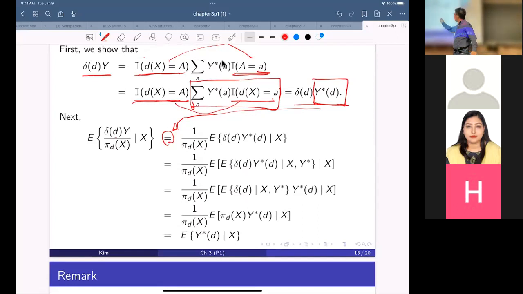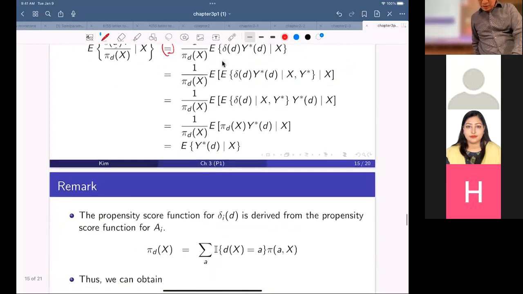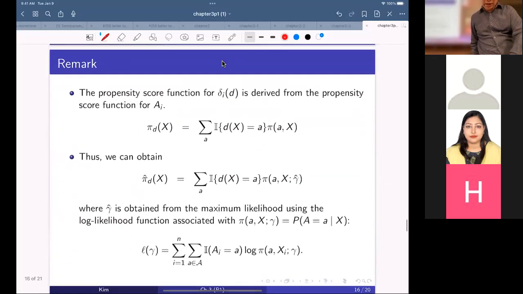Conditional on Y star, this is fixed, so the only thing random is this guy, and this guy is pi D, so you basically have a cancellation.